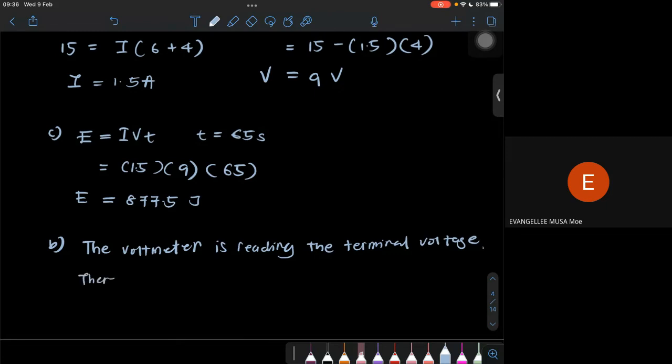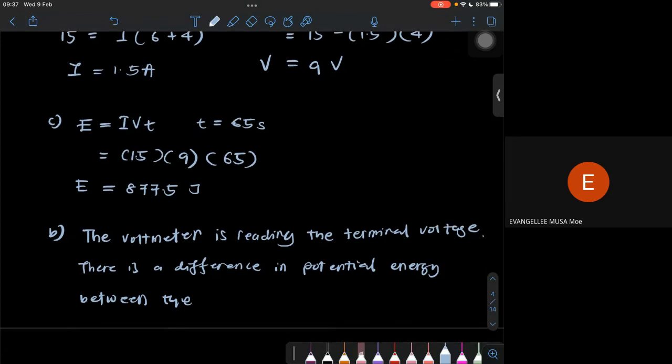So there is a difference in potential energy between the terminal voltage and the EMF. Sorry, Miss punya tulisan boleh faham ke tu?